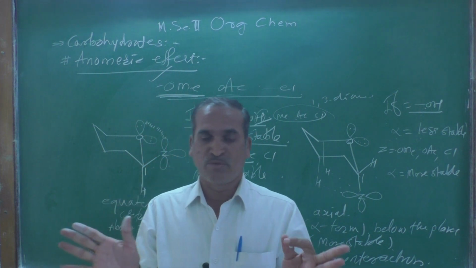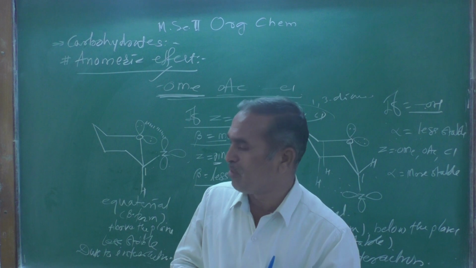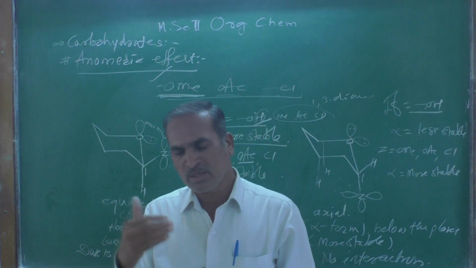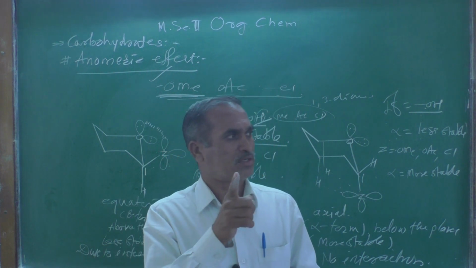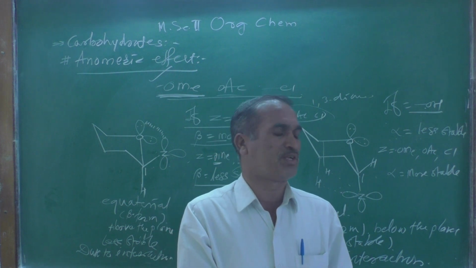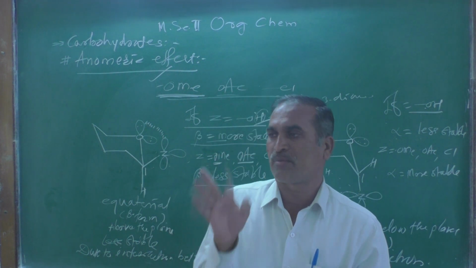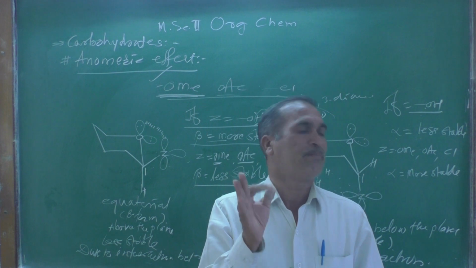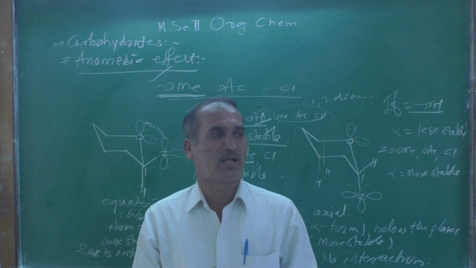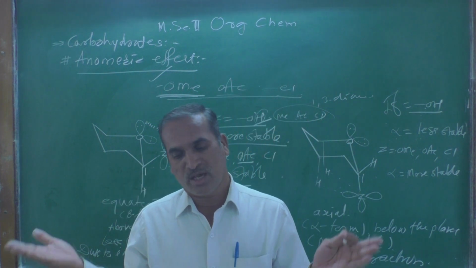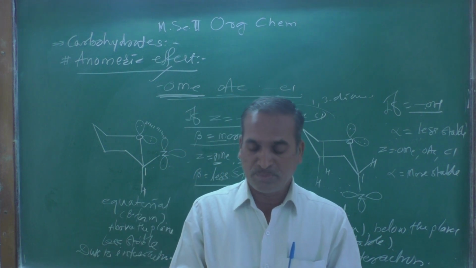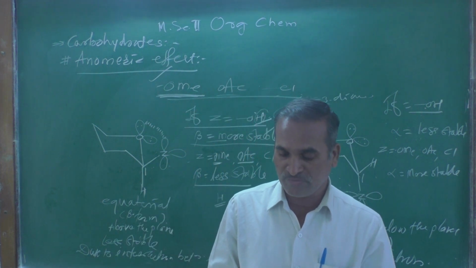Understood this? Anomers: we know that in the cyclic form, they differ in configuration at only one carbon atom, specifically at the anomeric carbon atom, and are known as anomers of each other.